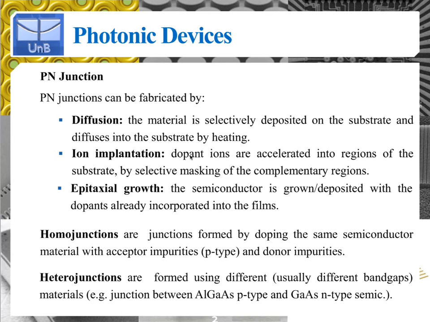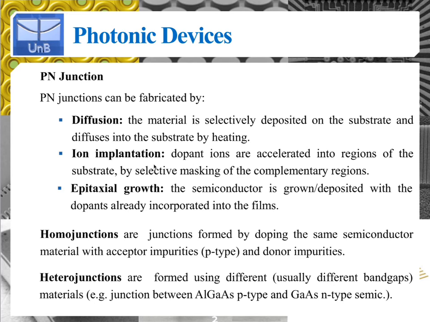In ion implantation, the dopants are accelerated towards the substrate in certain regions of the substrate which are unmasked by selectively masking the complementary regions with photoresist or other types of masking material.